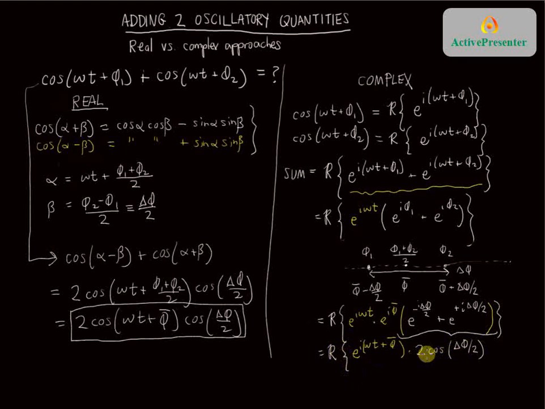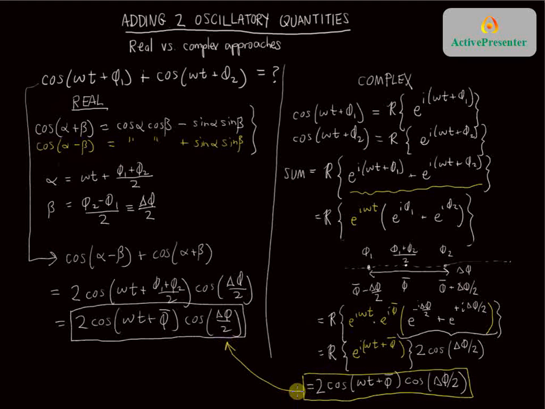This thing at the end is already real, so it can come outside of the real operation. It's a real number, just multiplying. And when I take the real part of what's left in there, lo and behold, the real part of an e to the i something is just a cosine. So that becomes cosine of omega t plus phi bar. I'll put the 2 out in front, and then I've got cosine of delta phi over 2. So now this expression that I've just derived exactly matches this expression over here.